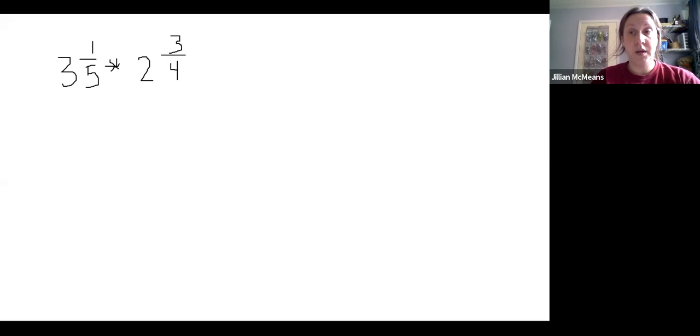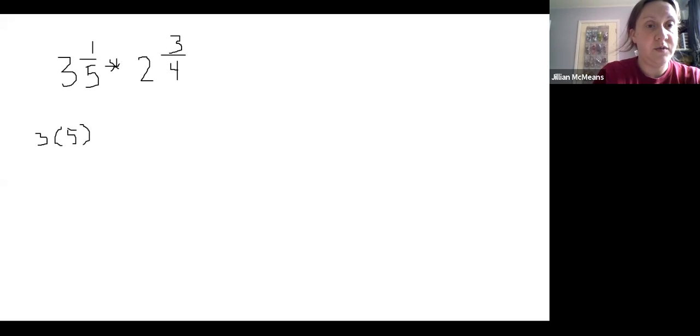So, quick reminder on how to convert these to improper fractions. You take the denominator, you multiply it by the whole number, you add the numerator, and then you keep the denominator. So, for the first mixed number, we have 3 times 5 plus 1 all over 5.